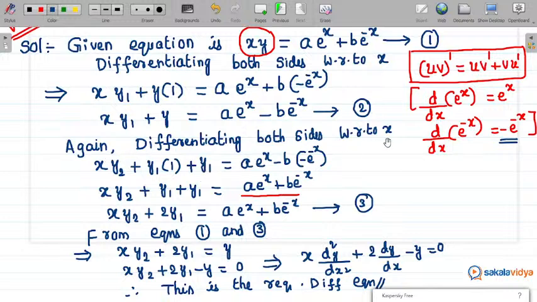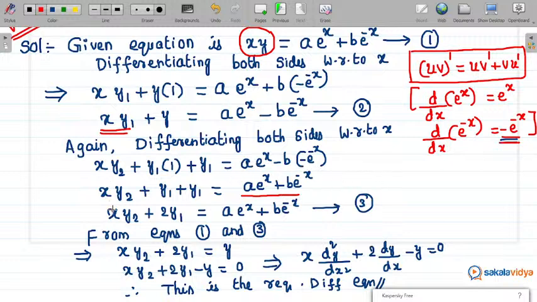Again differentiating both sides with respect to x. Here now see xy1 differentiation is x into y1 derivative y2 plus y1 into x derivative 1 plus y derivative is y1, is equal to a into derivative of e power x is e power x minus b into derivative of e power minus x is minus e power minus x. Let us substitute here.